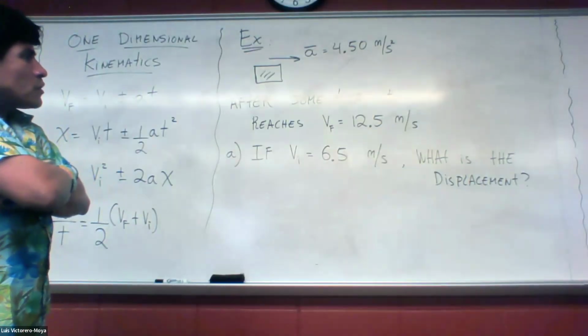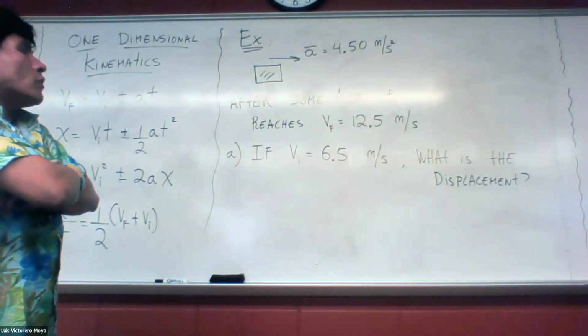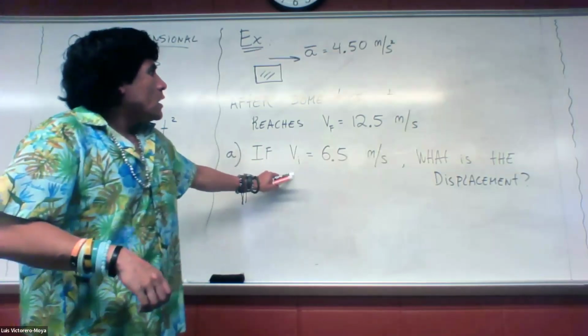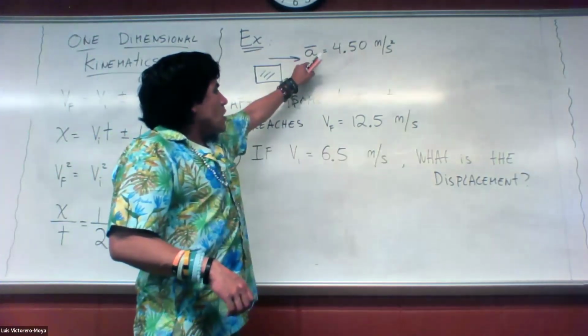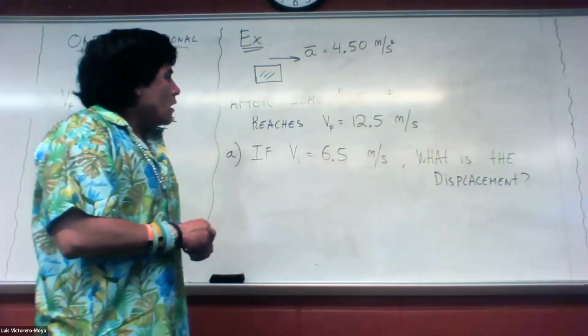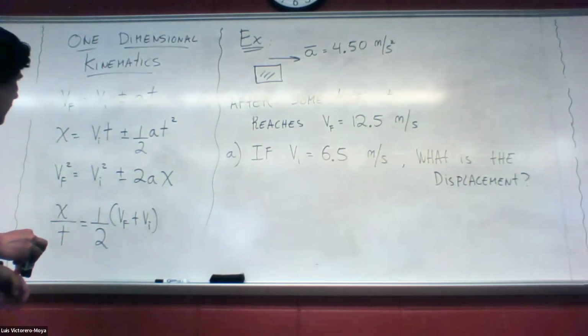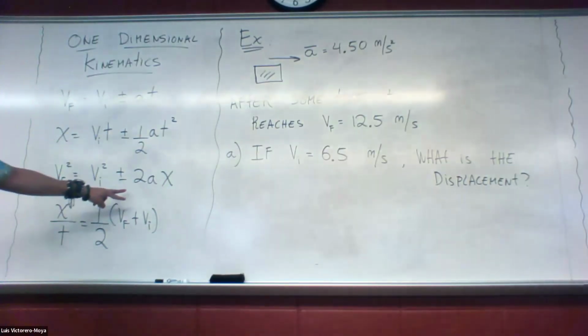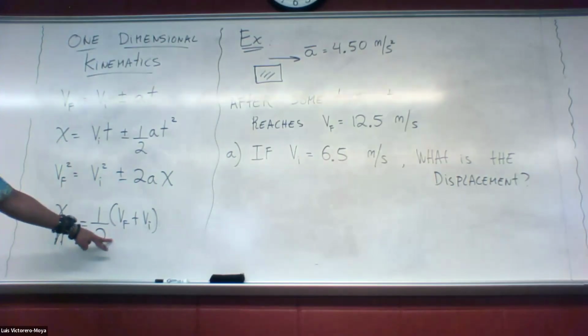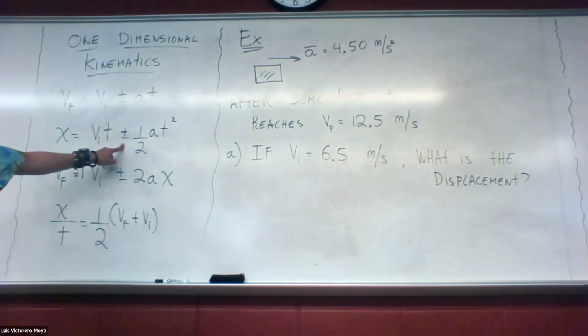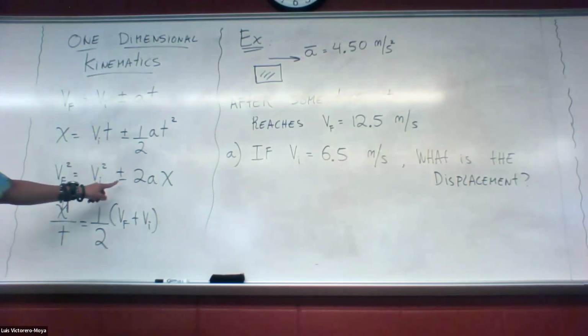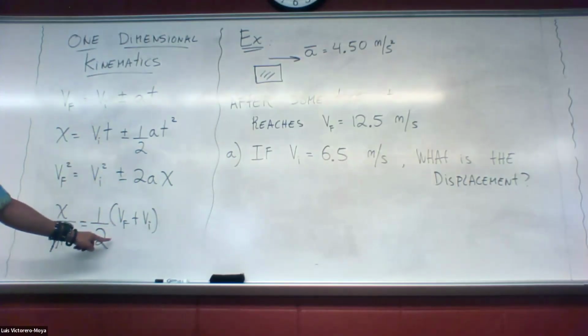So you have a body with some acceleration. They tell you the initial velocity now, the acceleration, and they give you the final velocity. To find the displacement, there are three equations where you have x. For this one, you need time. For this one, you don't need time. For this one, you need time.